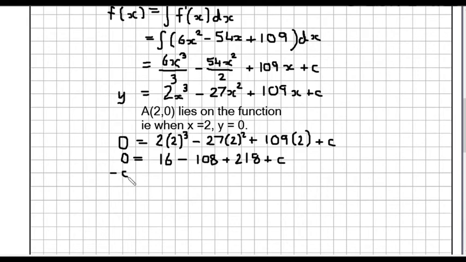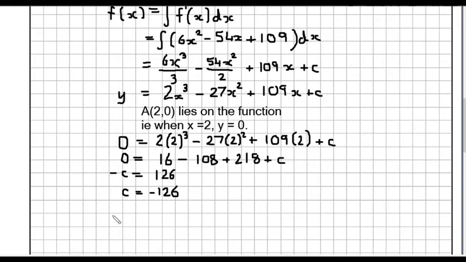So minus c then, 16 minus 108 plus 218, well, that will actually give us 126. So if minus c is equal to 126, multiplying both sides by minus 1, c will end up being minus 126. So there's c found.